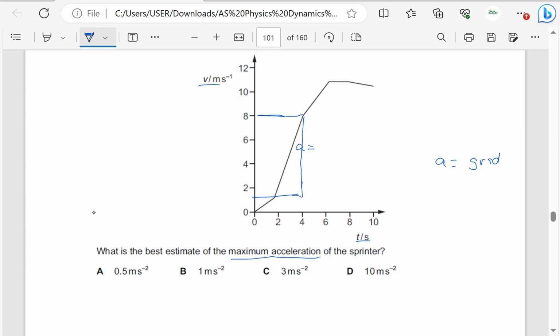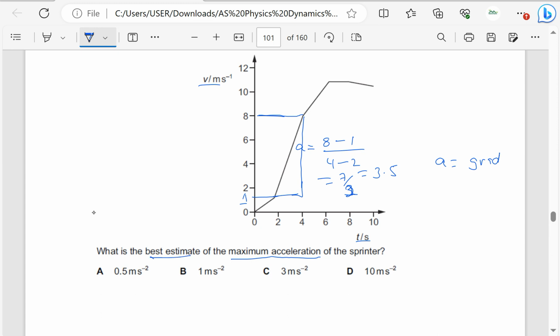So the acceleration is going to be 8 minus, I think this is a 1, this might be 1 approximately, divided by 4 minus, I think this is 2. So that is 7 divided by 3, divided by 2, that would be 3.5.